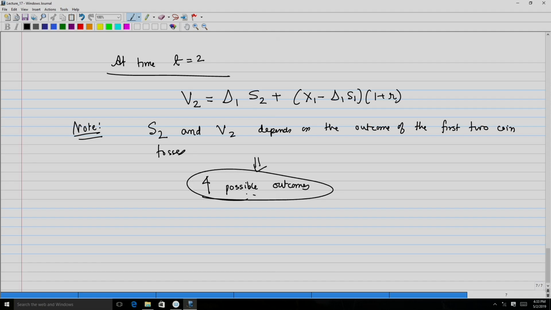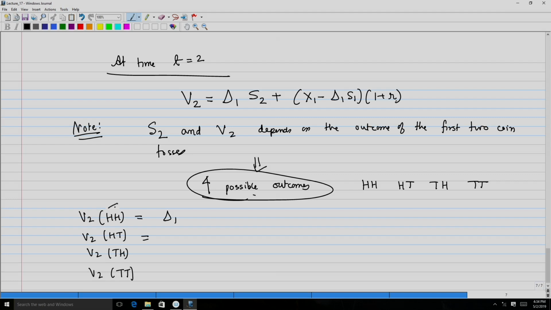So, this is good news. What are the 4 possible outcomes? Remember, the 4 possible outcomes were head head, head tail, tail head, and tail tail. So, accordingly, I will have 4 values of V 2, V 2 HH, V 2 HT, V 2 TH, and V 2 TT. And this is going to be delta 1. Now, remember, in the first case, what is delta 1 a function of?